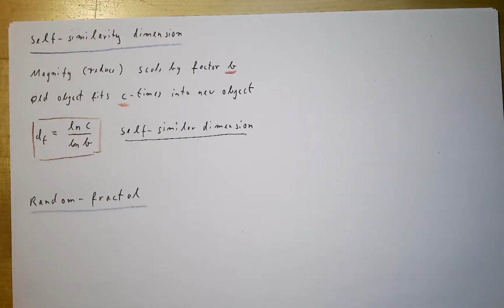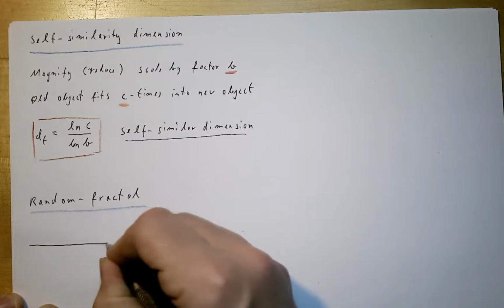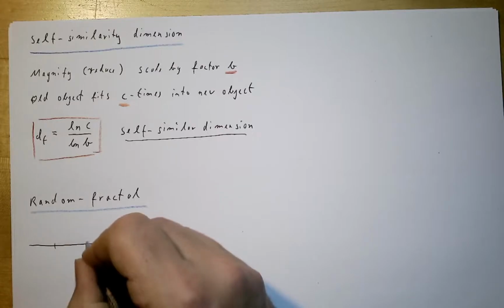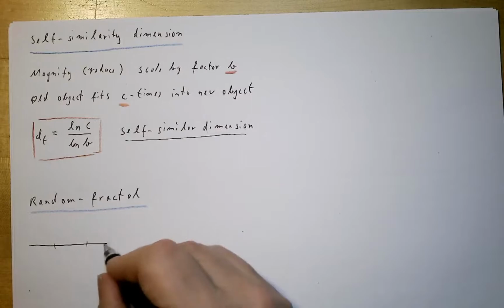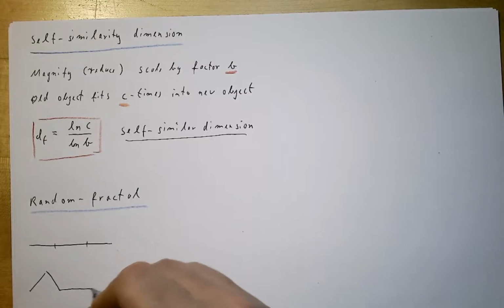So let's do this. For example, I start here with my line. Now, the next iteration, I divide the line into 3 parts. And now I take randomly one of them, and maybe I choose the first one. And then the deformation comes into the first of the segments.